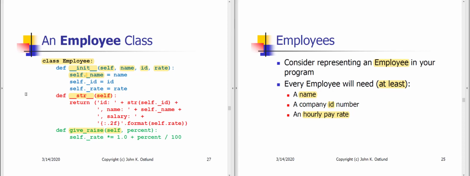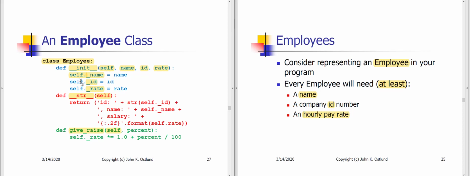Each employee object, each so-called instance of an employee object, has within itself this underscore name variable, keeping track of that current employee's name. Similarly, we've got the underscore ID and underscore rate instance variables keeping track of the ID number and the hourly rate for the current employee object. I'll say something about what these underscores imply in a moment.